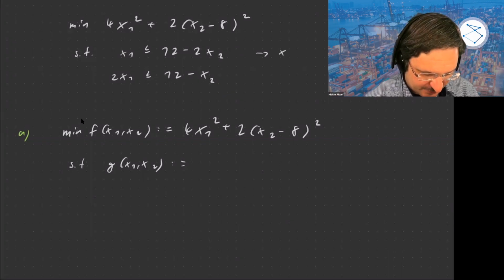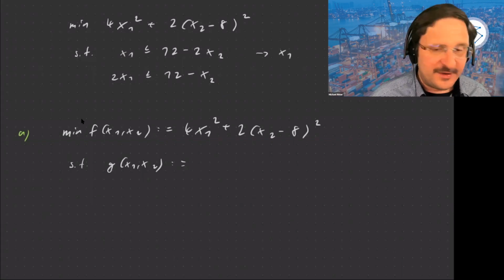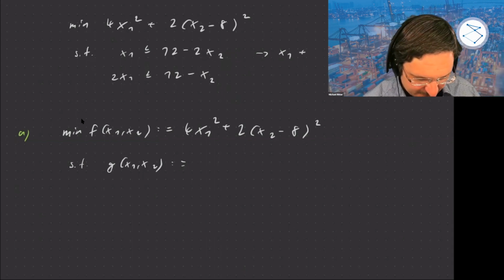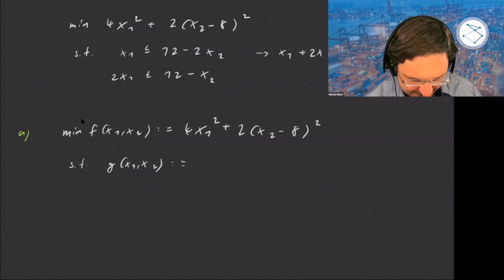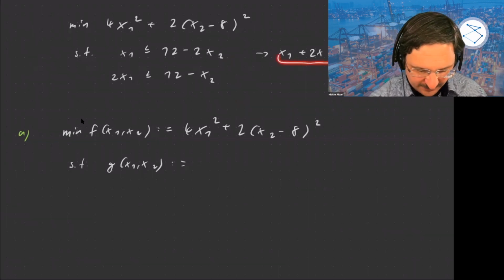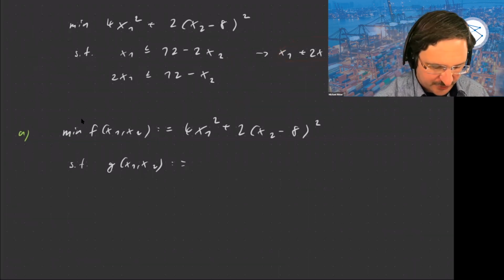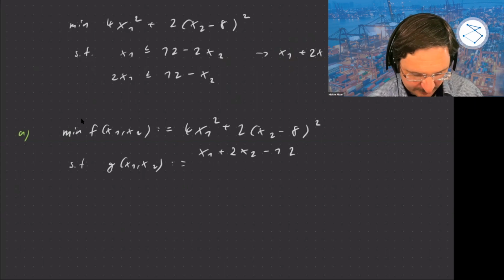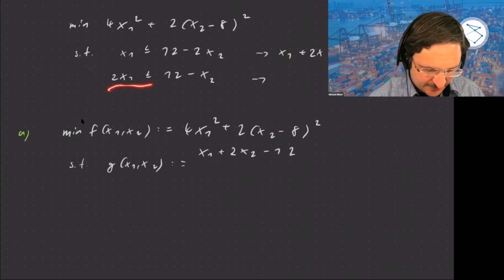So that means this first constraint here, we leave the x1 as it is. We take everything else to the left. So that's plus 2x2 minus 12 is less or equal to 0. And this part here, that's the first component of our function g. So that's x1 plus 2x2 minus 12. And we do the same thing for the second constraint, this one here.